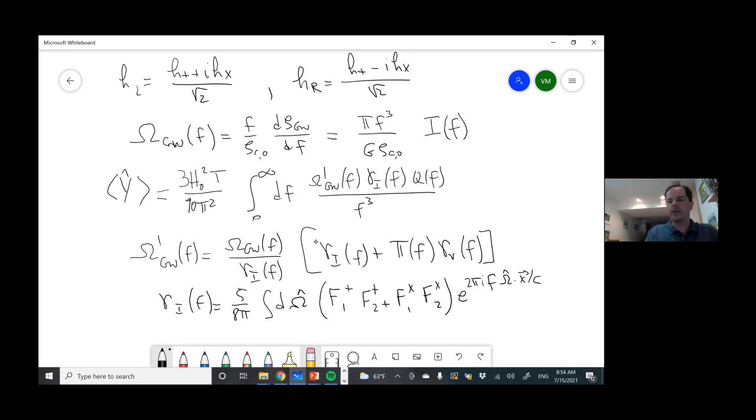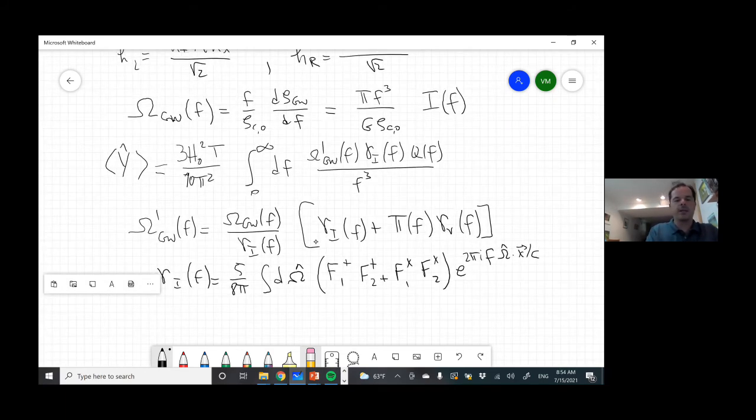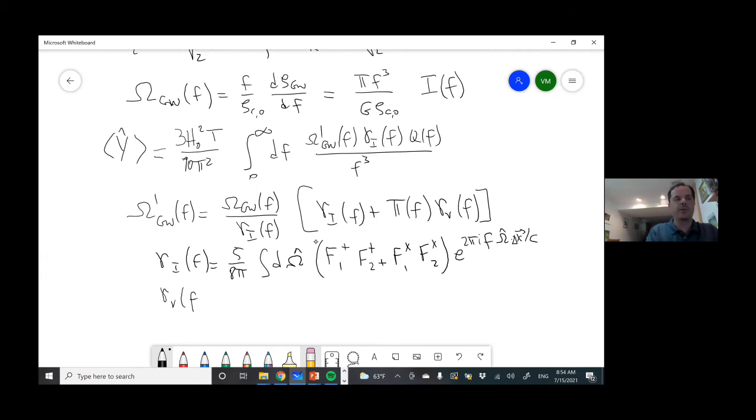And then gamma V is very similar to this. There is an i in here, the imaginary constant, but then the combination of F's is different.